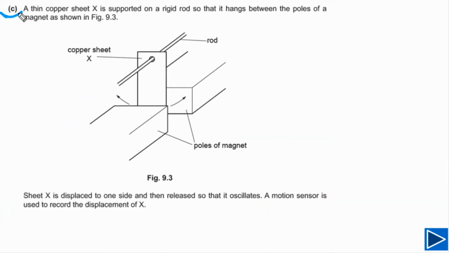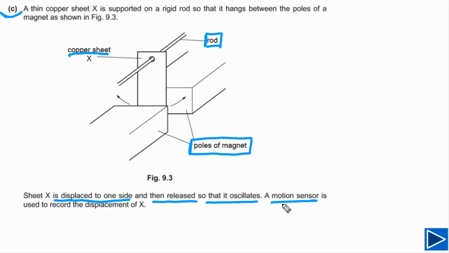For part C, it is given that we have a plate of copper supported by a rod, and this copper plate is placed between the poles of a magnet. Then we displace it to one side and release it so that it oscillates.